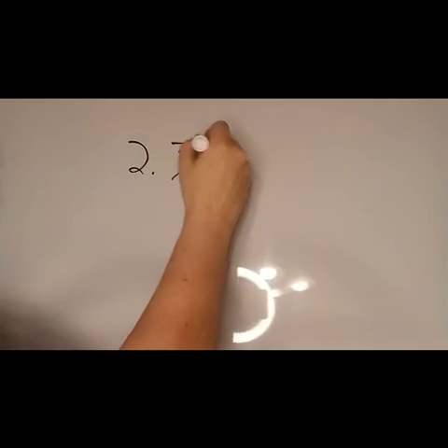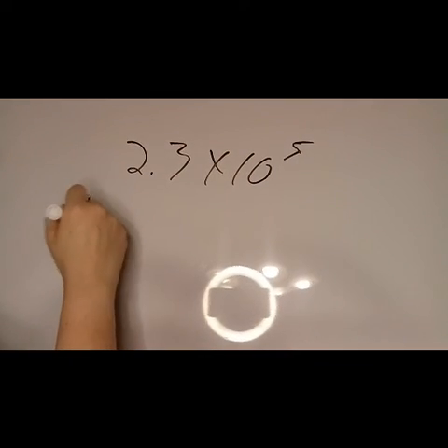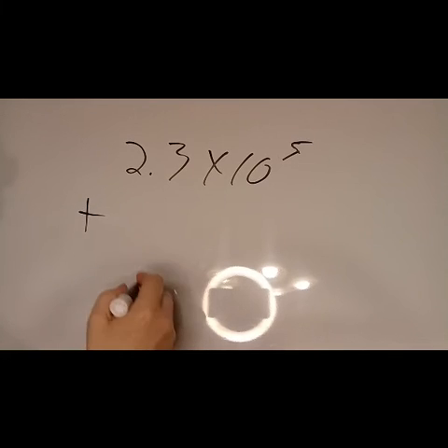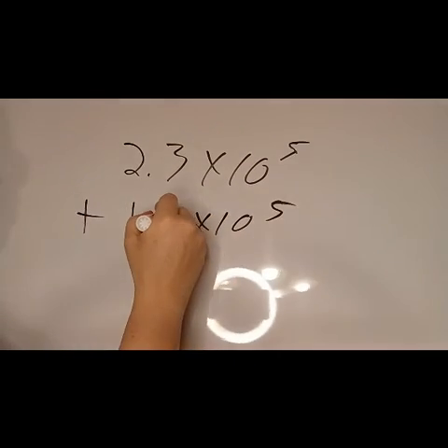All right, when we're adding and subtracting with scientific notation, the exponent has to be the same. All right, for example, let's do 2.3 times 10 to the fifth plus 1.4 times 10 to the fifth. Okay?